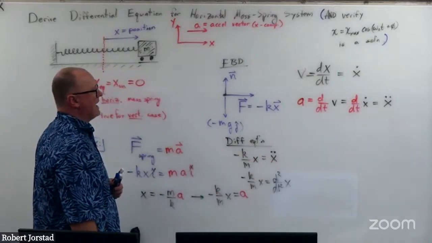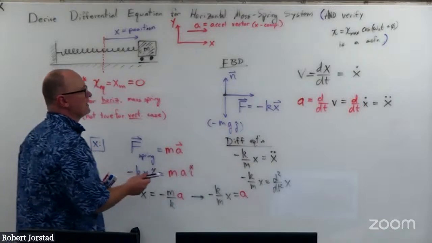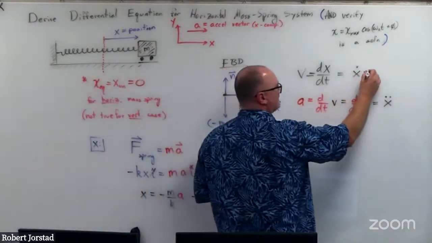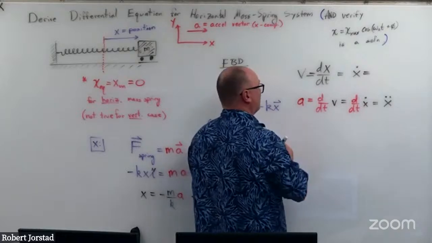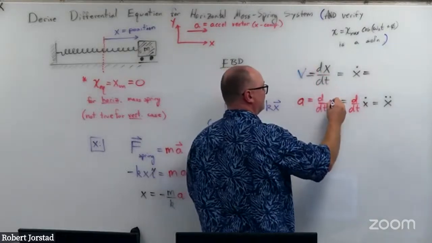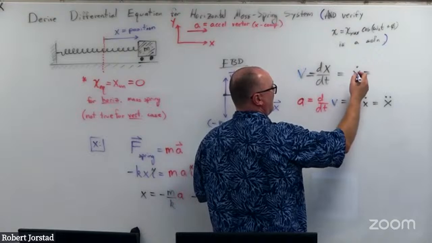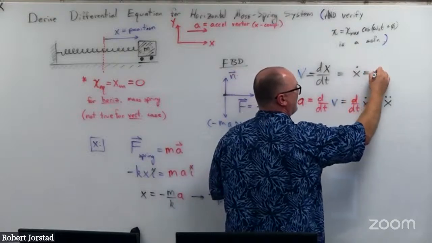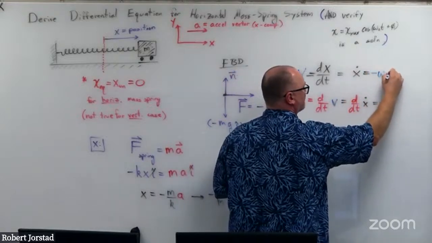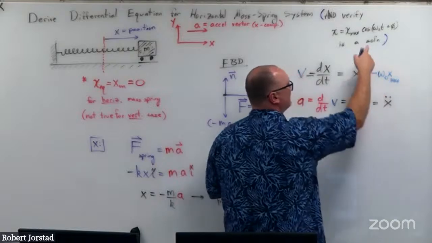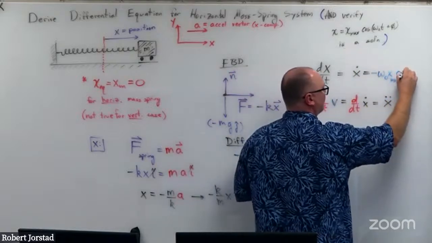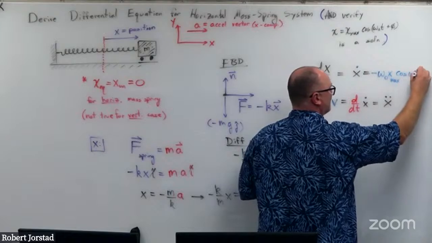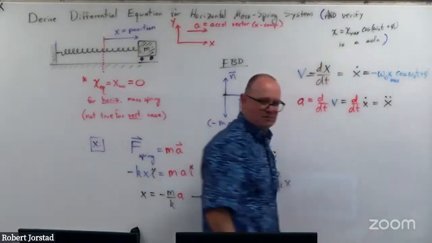Now, watch what happens here if we use this solution. We've already seen the velocity is minus omega naught x max times cosine omega naught t plus phi. Is that fitting all on the board?